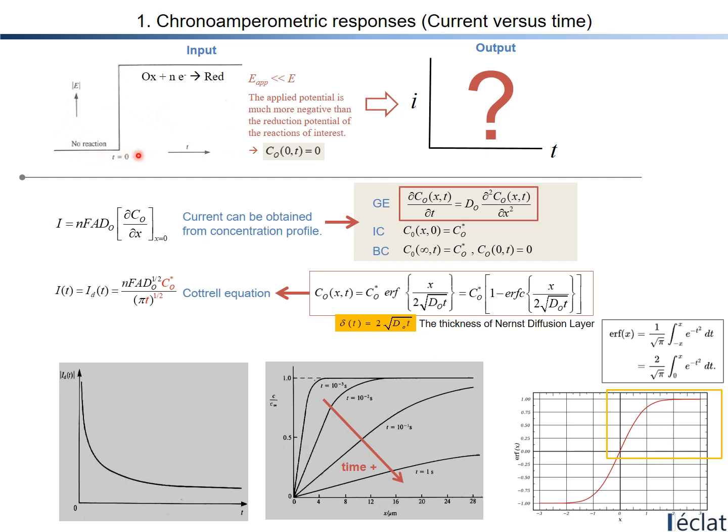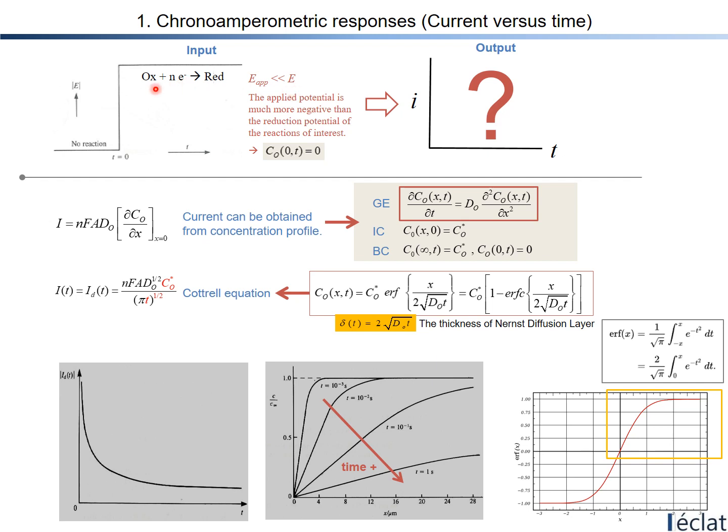However, after we have applied a fixed potential, some oxidized species is converted to reduced species as a result of reduction. Also, I'd like to assume that our applied potential is much more negative than the reduction potential of the oxidized species involved in the electrolyte.